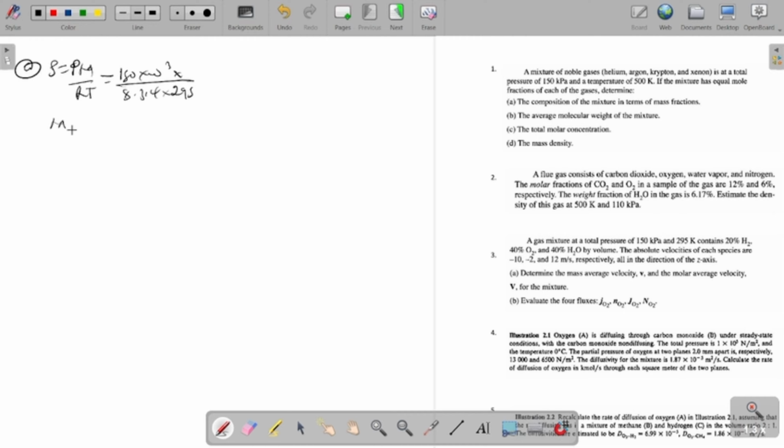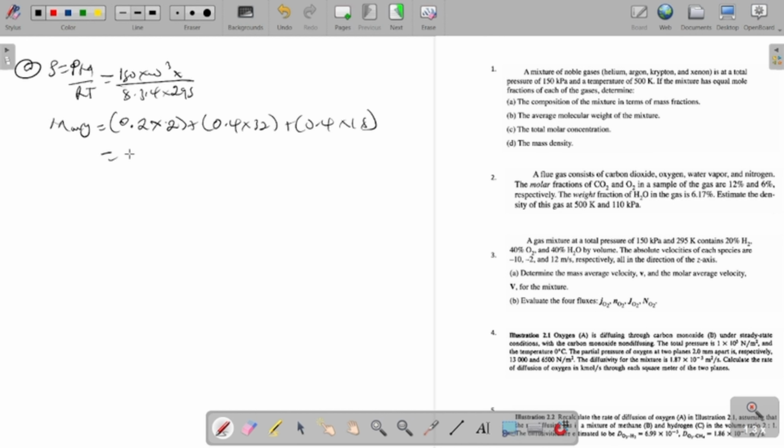So the average molecular weight, using the fractions by volume, which is the same thing as by mole: the hydrogen is 0.2 and its molar mass is 2, plus oxygen 0.4 times 32, then water is 0.4 times 18.